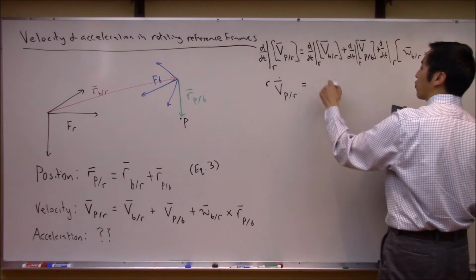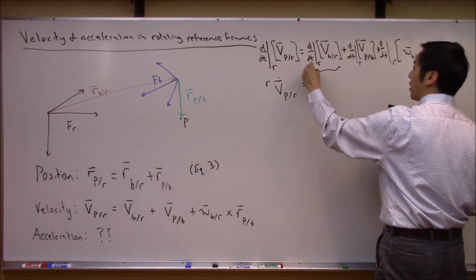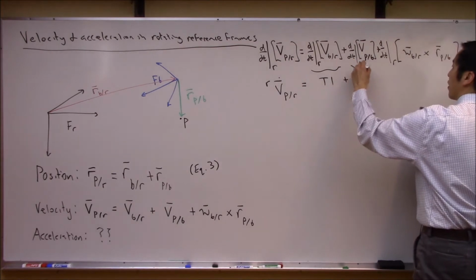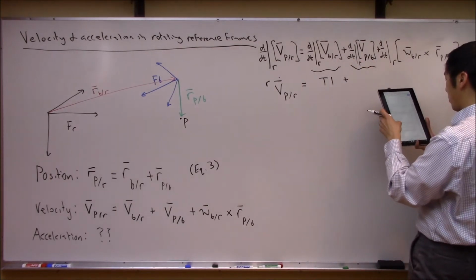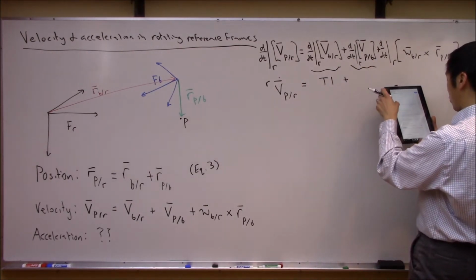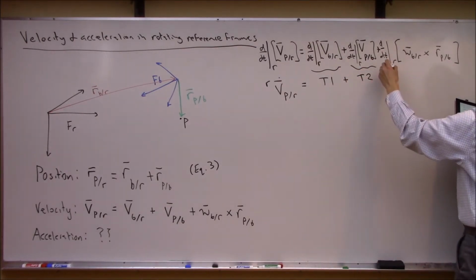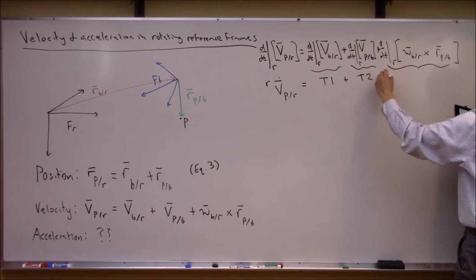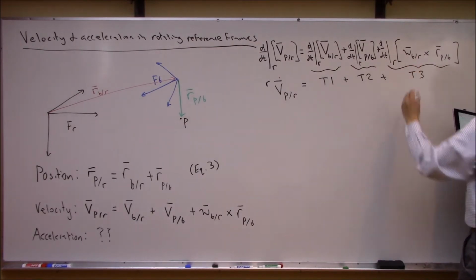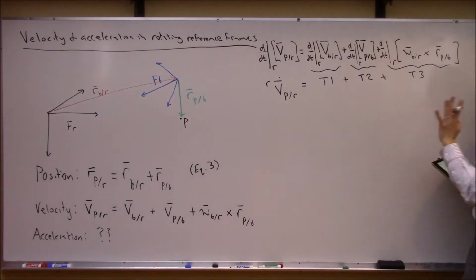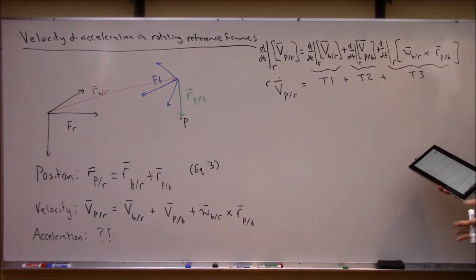Let's call this first one term 1, plus this thing right here could be term 2. And then this whole derivative of this cross product, let's call this entire thing term 3. So all I want to do now is examine terms 1, 2, and 3 one at a time and expand them.